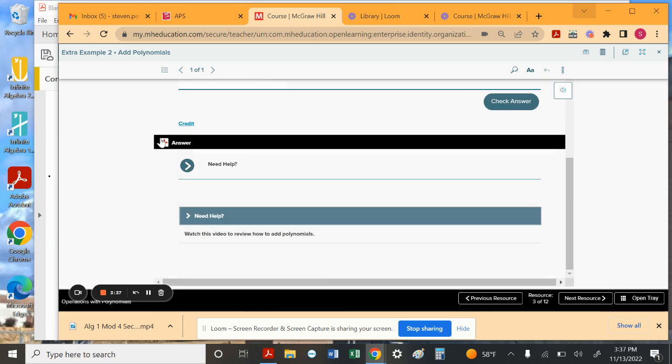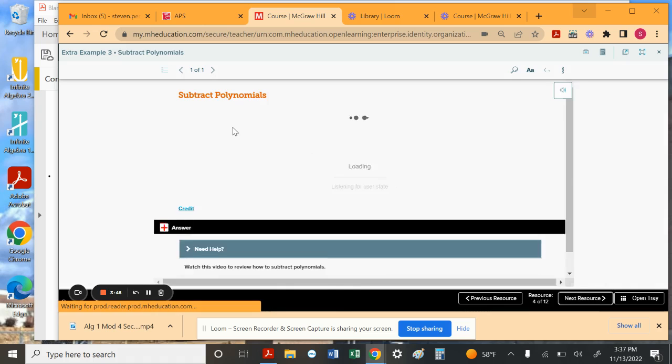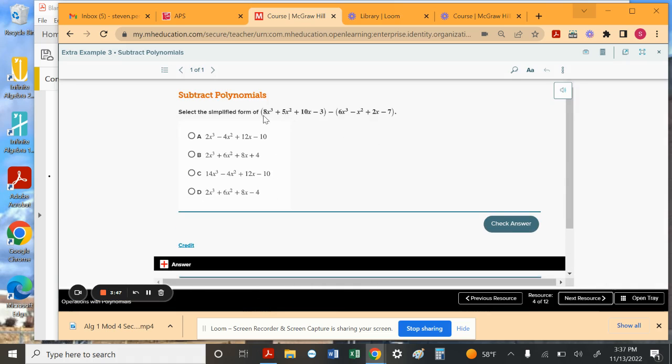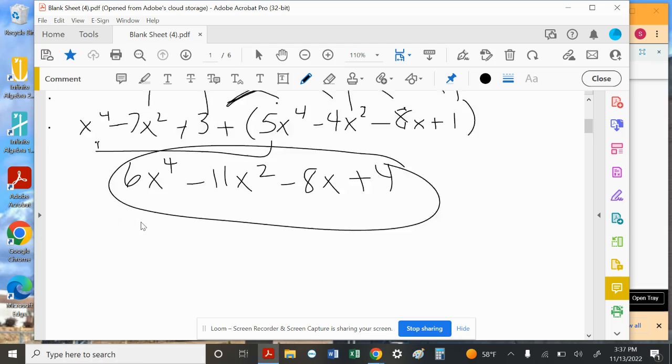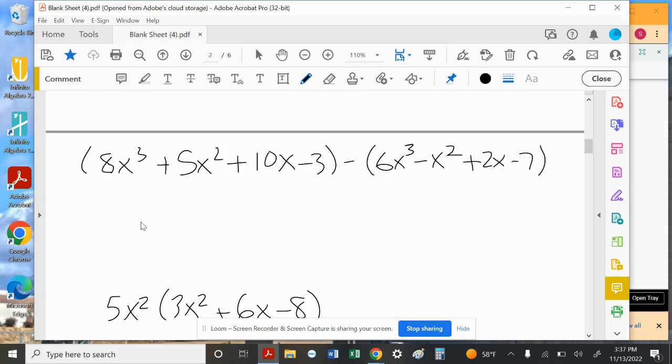Okay, moving on. So we have to subtract polynomials. If I'm subtracting polynomials, we have this term here, 8x cubed plus 4x plus 5x squared plus 10x minus 3, minus all of this stuff here. We are going to have to distribute that negative through first before we can do anything else. So we're going to distribute it through.